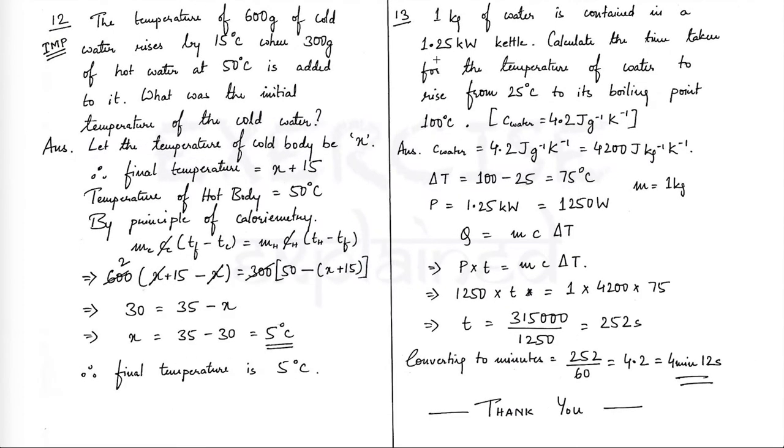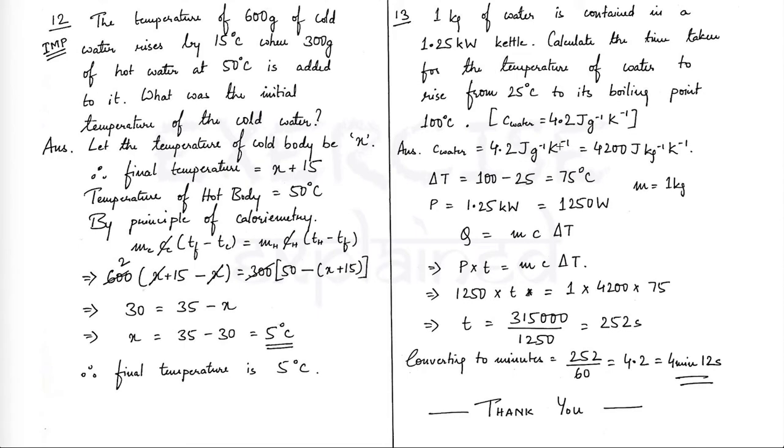So coming here, 4.2 joules per gram per Kelvin, I need to convert it to joules per kg per Kelvin because here the mass is given in kg. So I have converted it, that is 4200 joules per kg per Kelvin. You just need to multiply by 1000 when you convert from joules per gram per Kelvin to joules per kg per Kelvin.